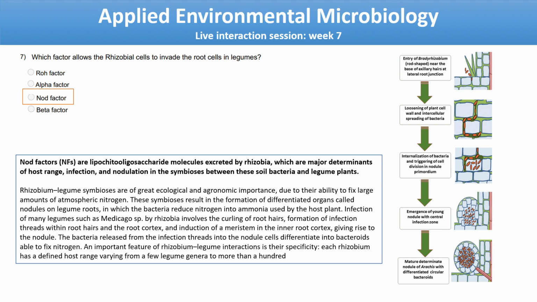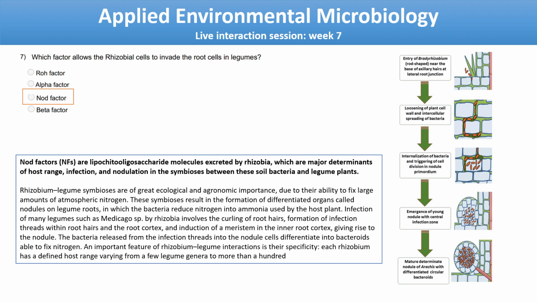So we had discussed in the previous class that Nod factors are special molecules that are excreted by the rhizobia, and they majorly determine the range of hosts, the infection and the nodulation they will do in the presence of leguminous plants. And as I said, how does this nodule develop? We have discussed in the previous classes.